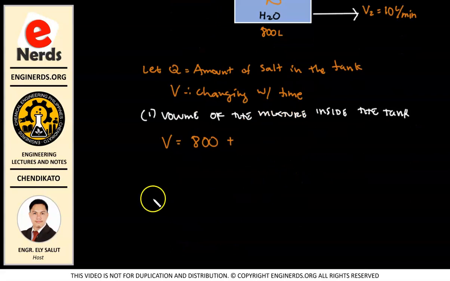So 20 liters na nadadagdag every minute. So, in order to find our volume, you need to multiply these 2 times. So we have to multiply this by time t para makuha natin yung volume.